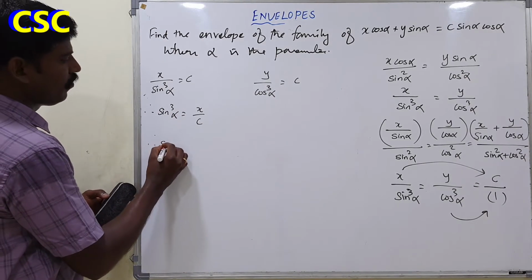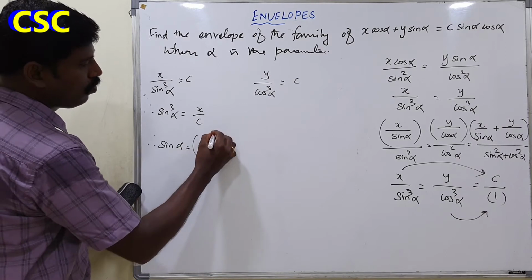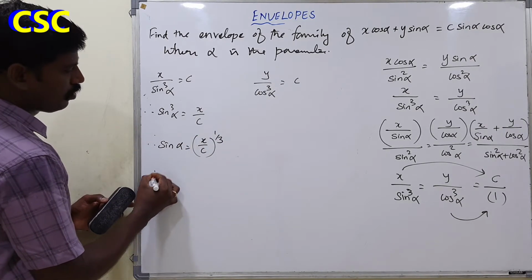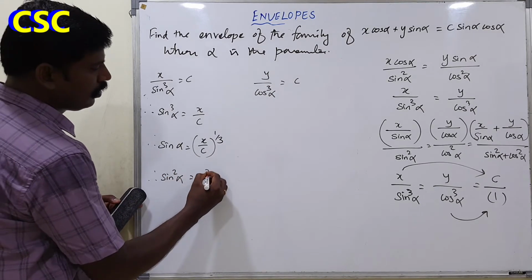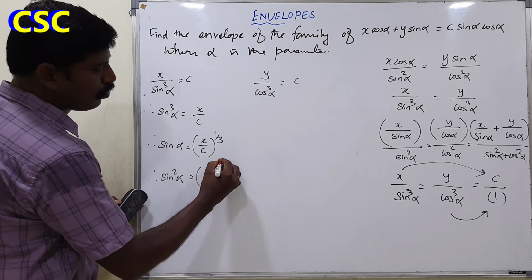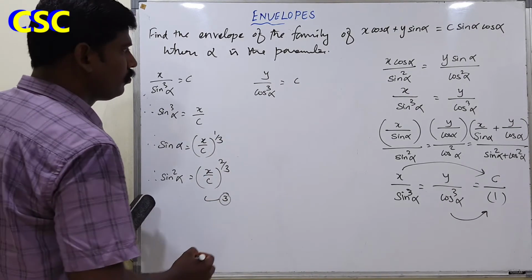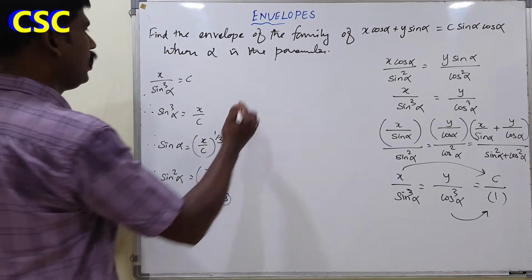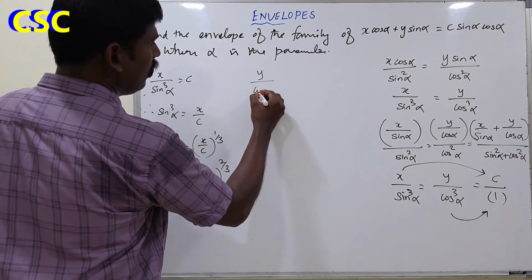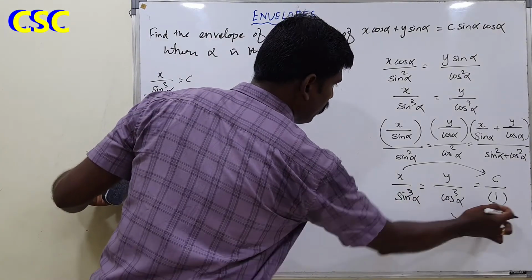Therefore, what is sin alpha? X by c to the power 1 by 3. What is sin square alpha? X by c the whole power 2 by 3. This is Cartesian equation number 3. Same like that, y by cos cube alpha equal to c, by equating the second ratio with the third one.